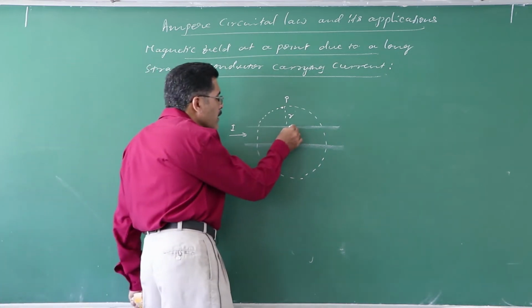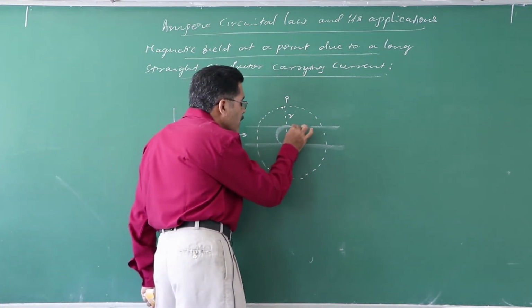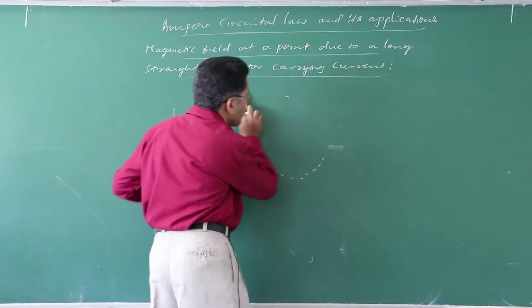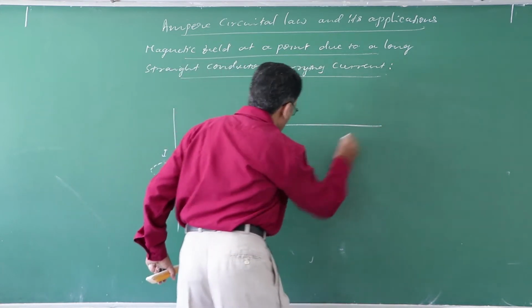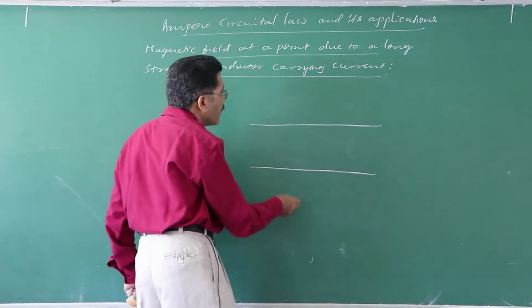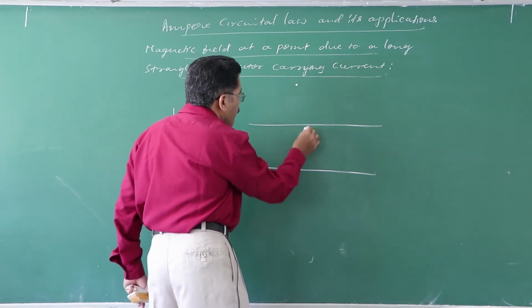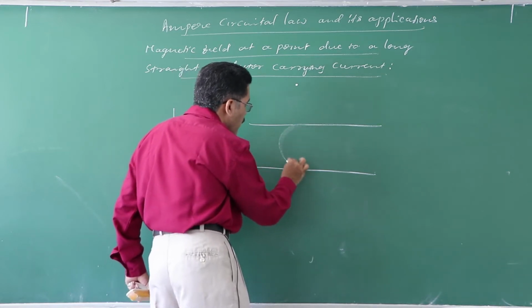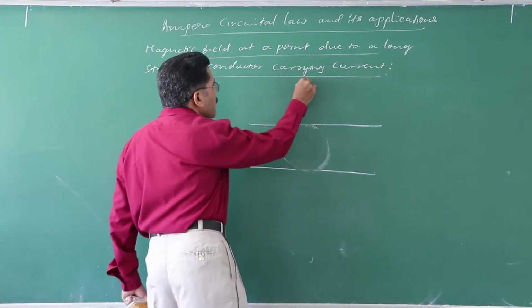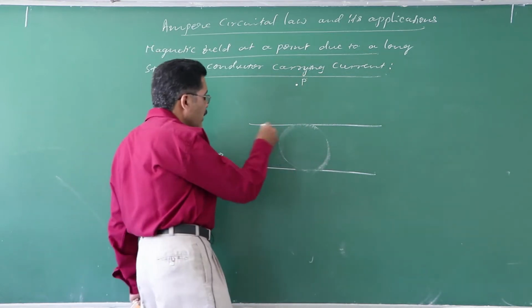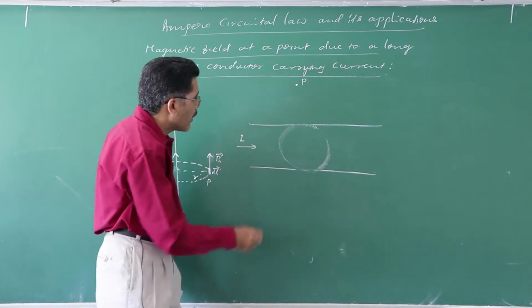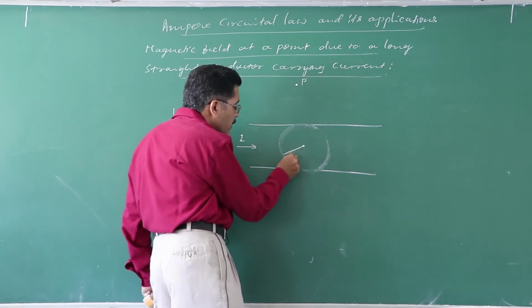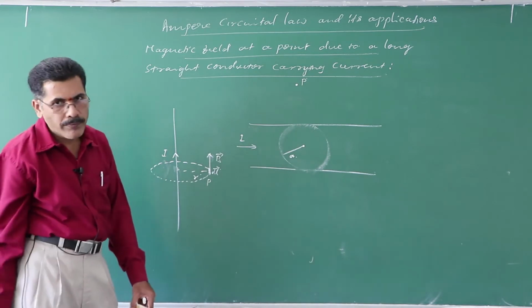Now I just consider the area of cross section of the wire. This is the area of cross section, this is point P. Point P is outside this wire, I is the current flowing through this wire, and let me take A as the radius of the wire.